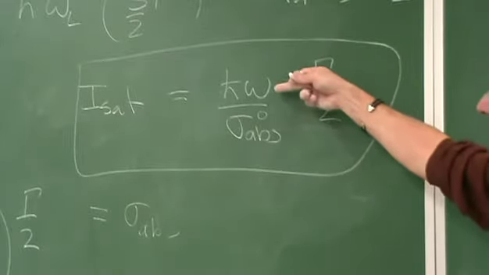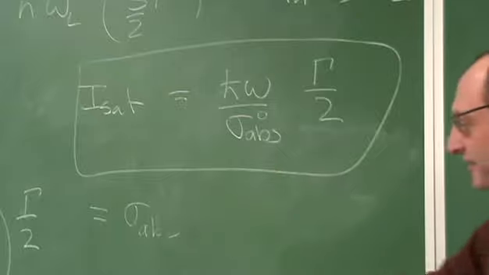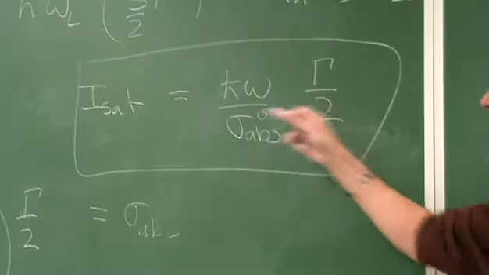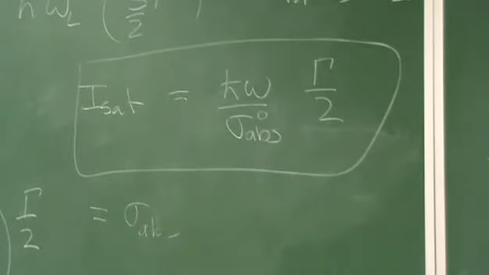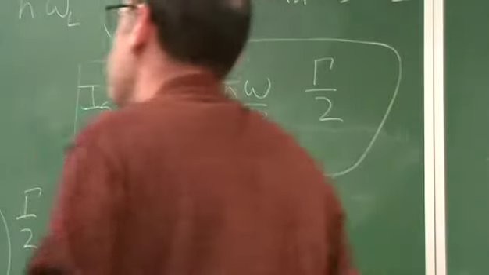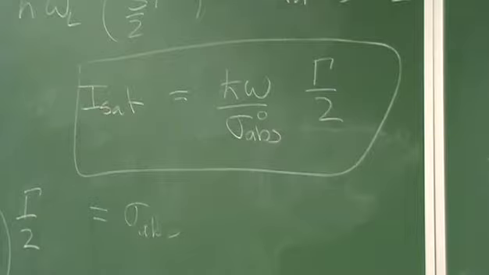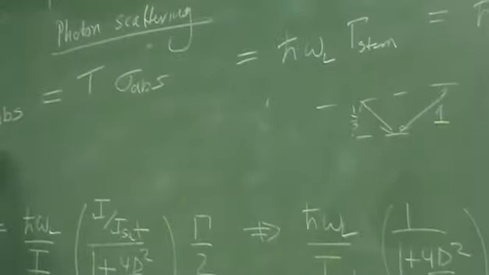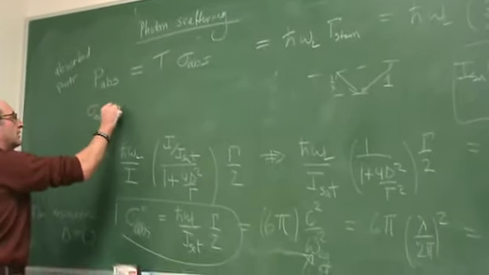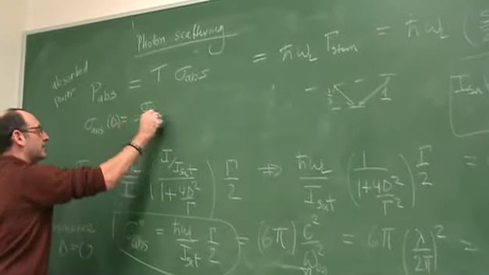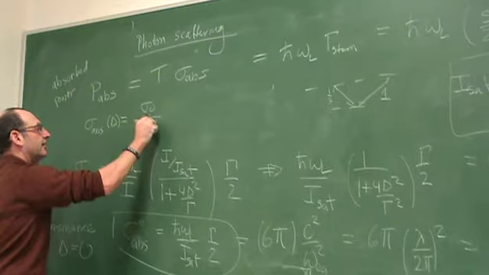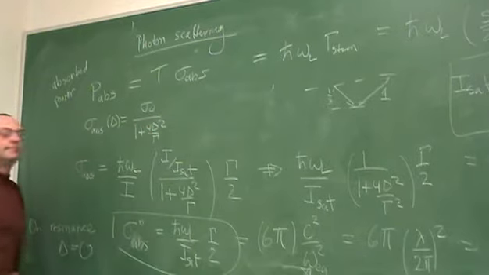So this is my absorption cross-section, I plug this in, and this gives me the saturation intensity. Notice that the cross-section off resonance is equal to the resonant cross-section, and then it falls off like a Lorentzian.